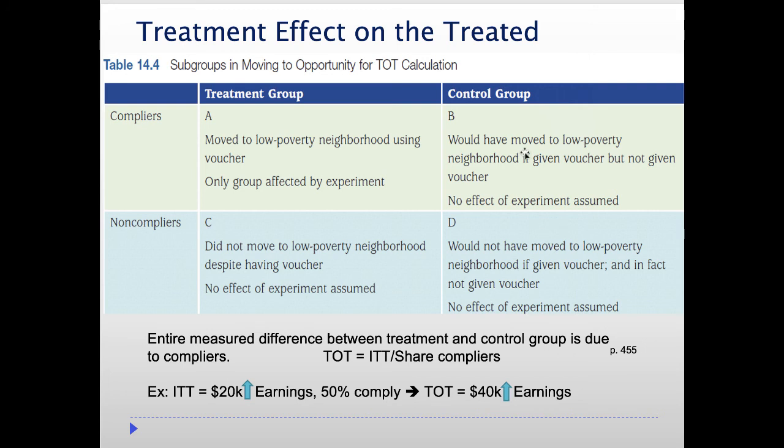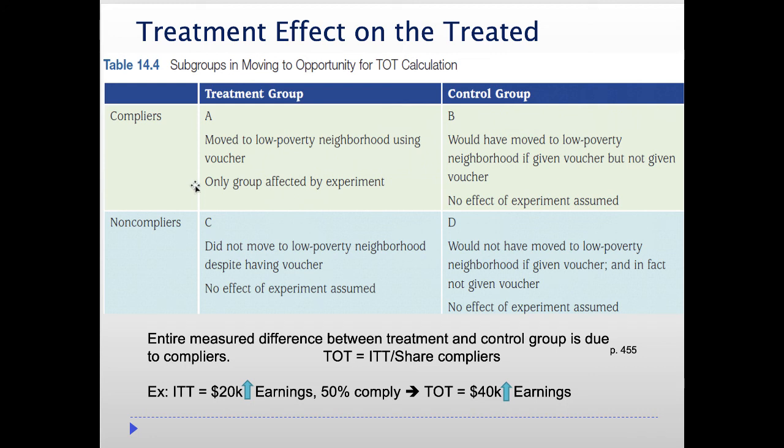And because it's a randomized experiment, even though we can't measure these characteristics, we know that these unmeasured characteristics, like would you have been a complier or would you have been a non-complier, are the same on average between the two groups. So far, so good, no assumptions. Now we're about to make some assumptions.